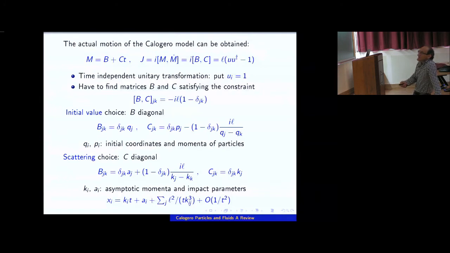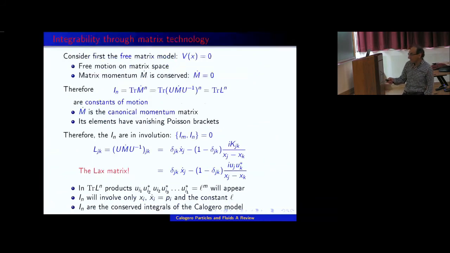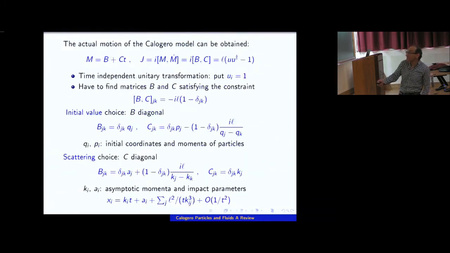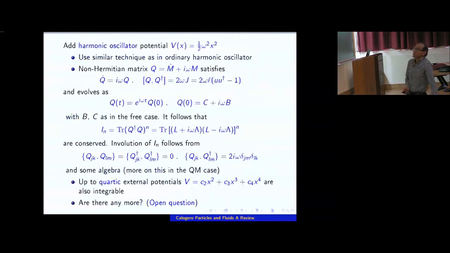And therefore, at large times, the eigenvalues of M will be K times t plus A, and this will drop. So we proved the fact that asymptotically, these particles will move on straight lines with these quantities A being the same, either at time t plus infinity or minus infinity. So everything that I told you before is proven in this derivation.